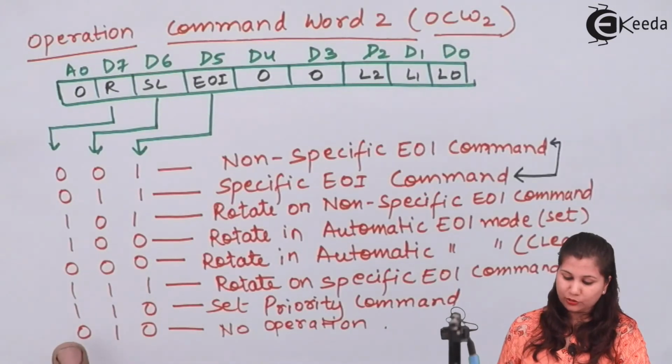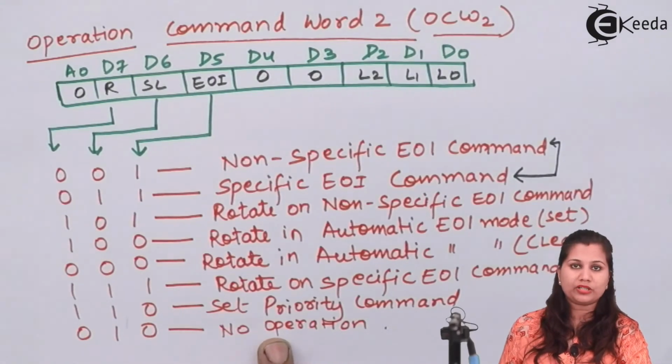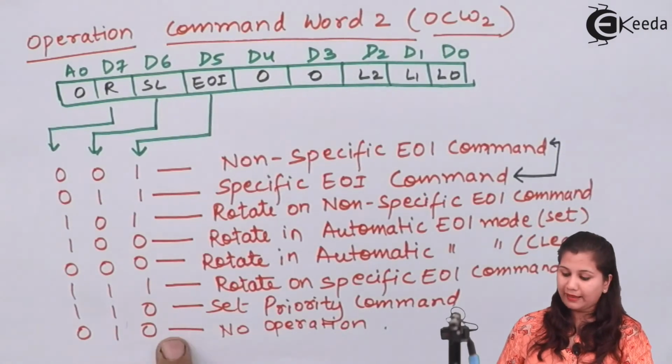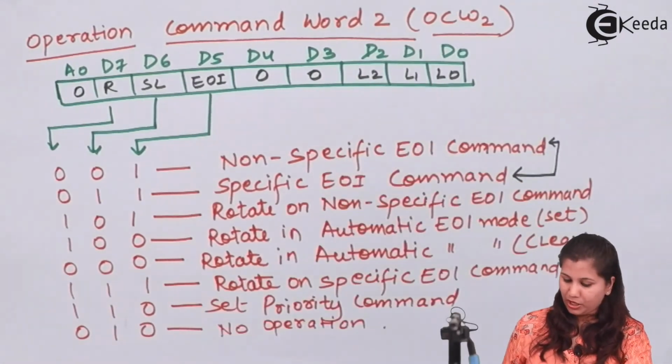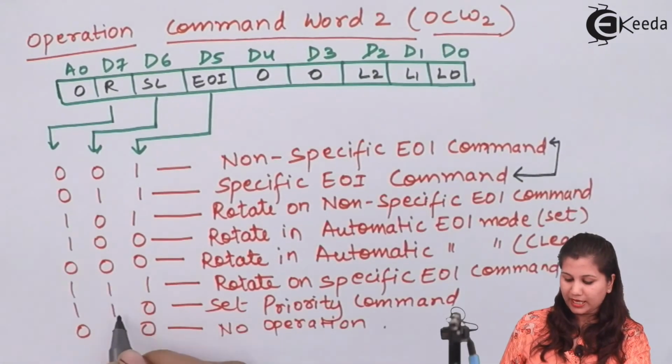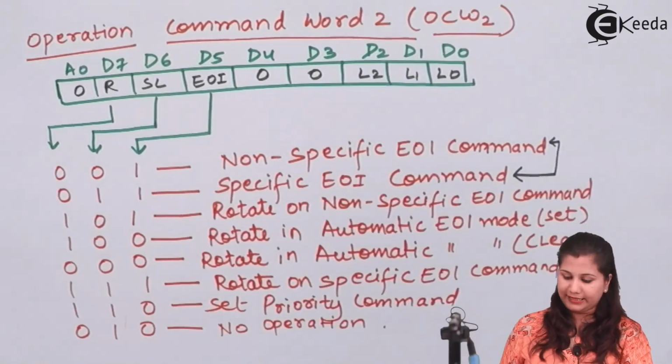Now when these two bits are 0 and the specific bit is 1, then no operation is performed, and these three bits are used. Whenever these two bits are set, then L2, L1 and L0 are selected.